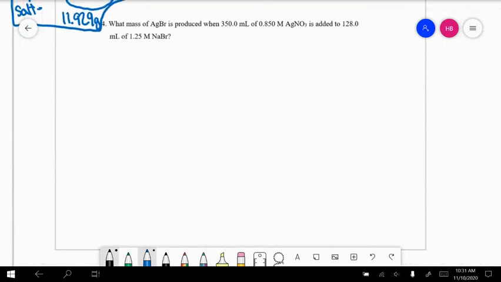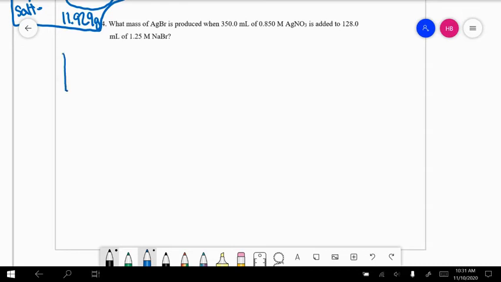Okay, we're going to do the last one, number 4, together. What mass of silver bromide is produced when 350 milliliters of 0.850 molar silver nitrate is added to 128 milliliters of 1.25 molar sodium bromide? So let's try to understand what's going on here first.